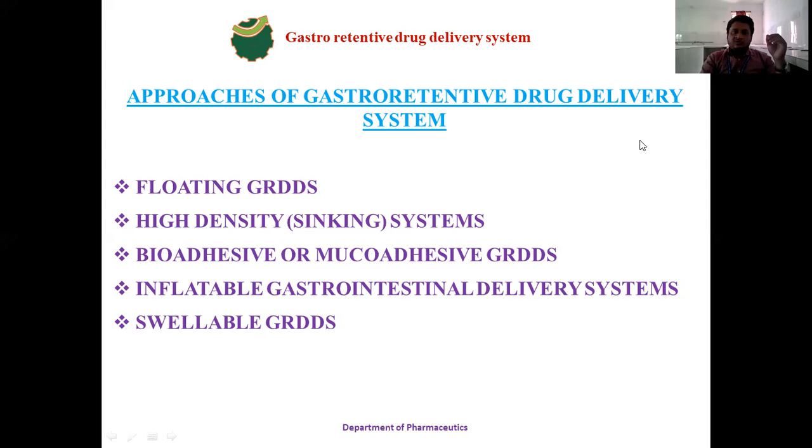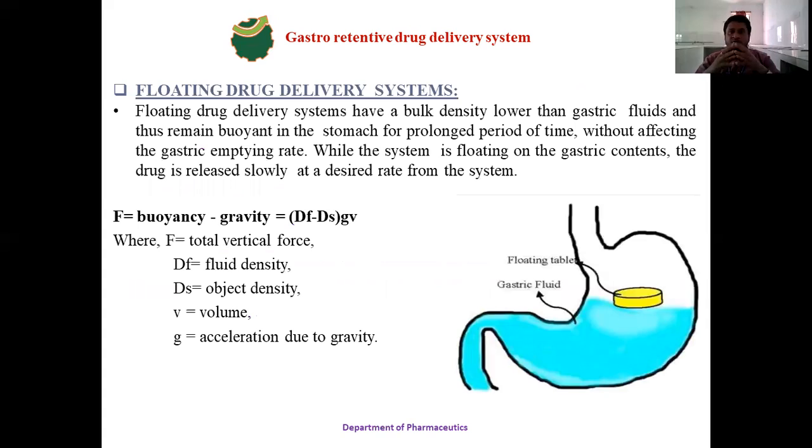Coming to the first method, it is called the floating drug delivery system or floating type gastroretentive drug delivery system. This floating drug delivery system has a bulk density lower than the gastric fluid. You can clearly see in the picture how a dosage form in the form of a tablet is floating. It floats in the gastric fluid.